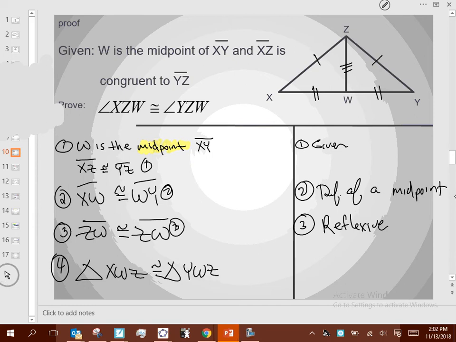Again, just to make sure everybody's on the same page, start at X. Johnny said start at X, go to W. So you started at X, which was the angle between one mark and two marks, right? So over here, I have to start at the same angle, the one between one mark and two marks. So it tells me Y.